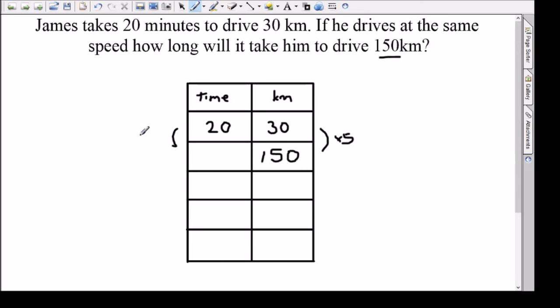So I'm going to have to times by 5 there, and I get to 100. We can convert our 100 into hours and minutes. So 100, that's going to be 1 full hour and 40 minutes, isn't it? So the answer is 1 hour and 40 minutes.